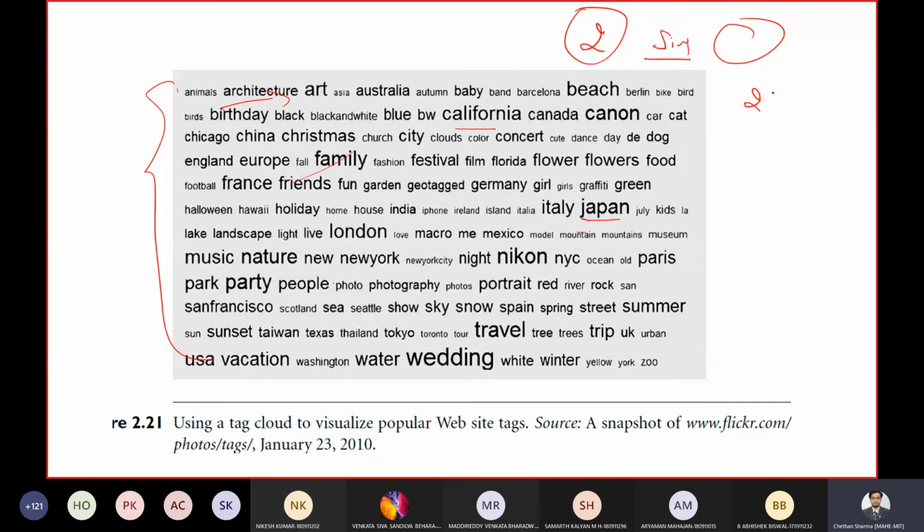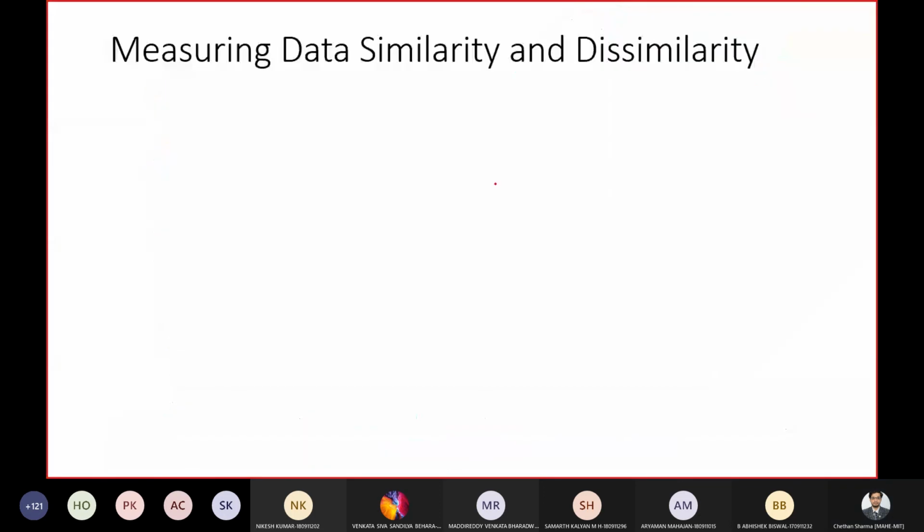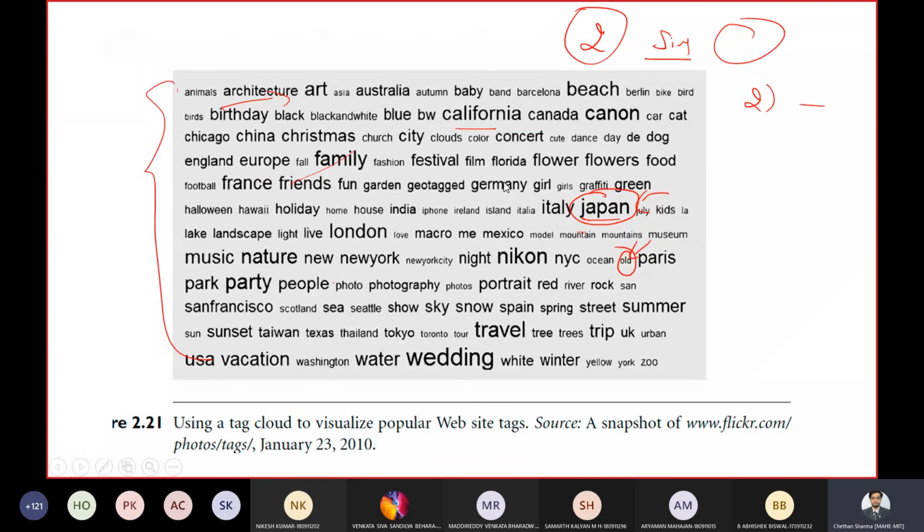The second way is when you want to visualize multiple items. If the tag of a particular item is bigger in size than some other item, you can tell that that particular item is more popular than the other item. So something like this. This is a snapshot of such a thing. Okay. So here we come to an end of the visualization part.